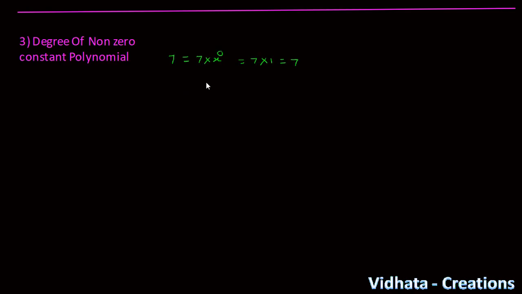So here the degree is equal to 0, because the power of the variable is 0. Therefore, the degree of any non-zero constant polynomial is always equal to 0.